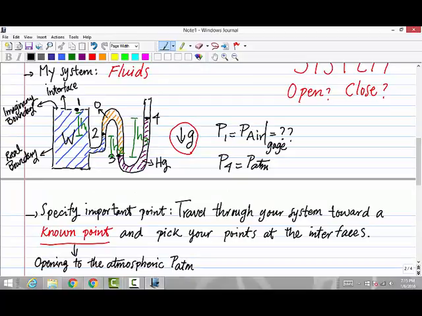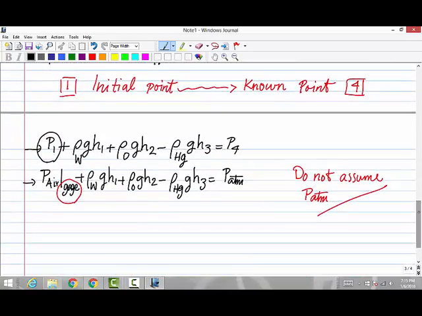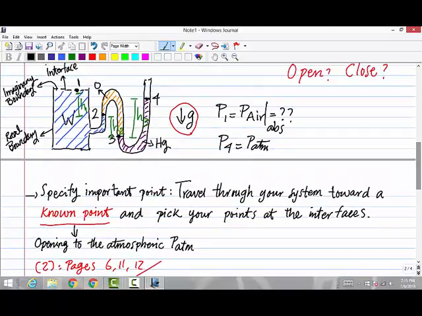Sorry, my mistake. This is the absolute pressure on the interface. Point 1, P2, P3, P4, rho g h. Everything was absolute.